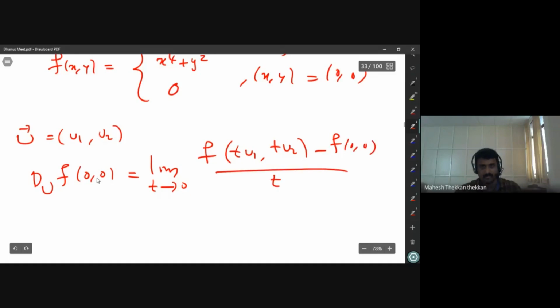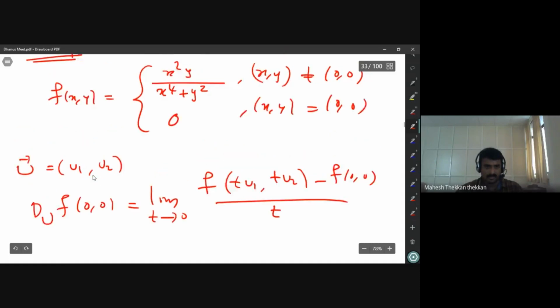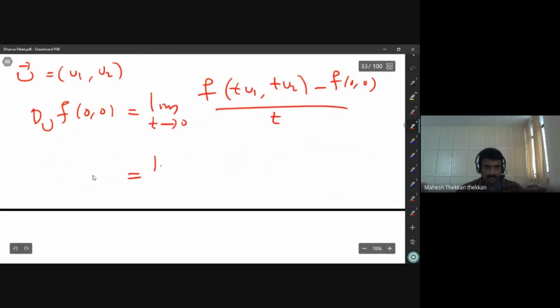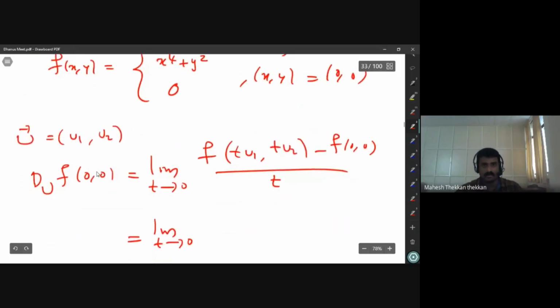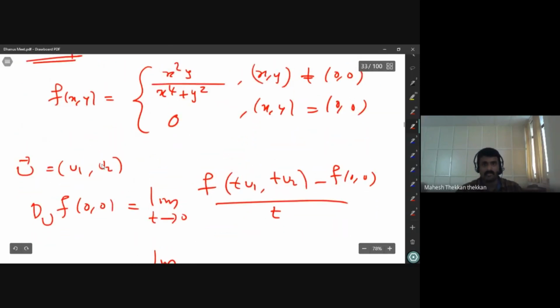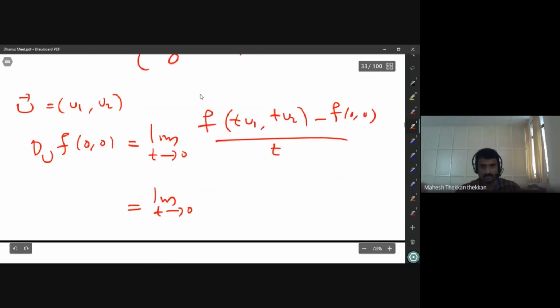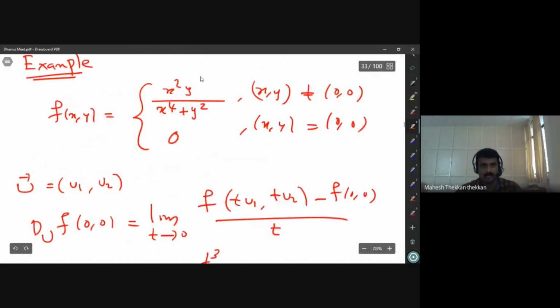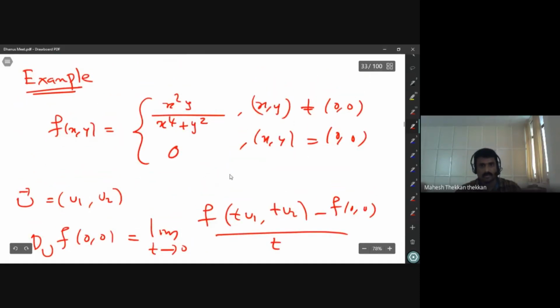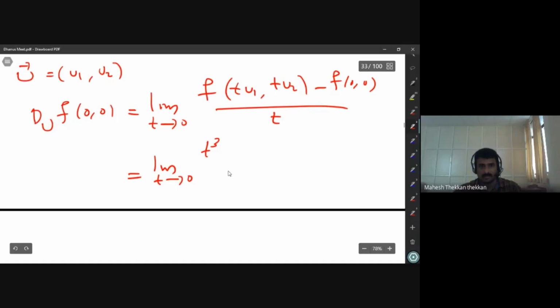But f(0, 0) is 0. So this is nothing but the limit as t tends to 0 of f(tu1, tu2) divided by t. You just substitute in here. In the numerator, you will get t² u1² and tu2, so totally there is a t cube: t³ u1² u2.